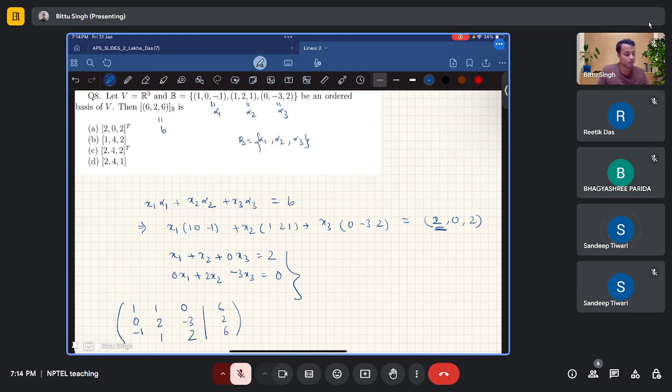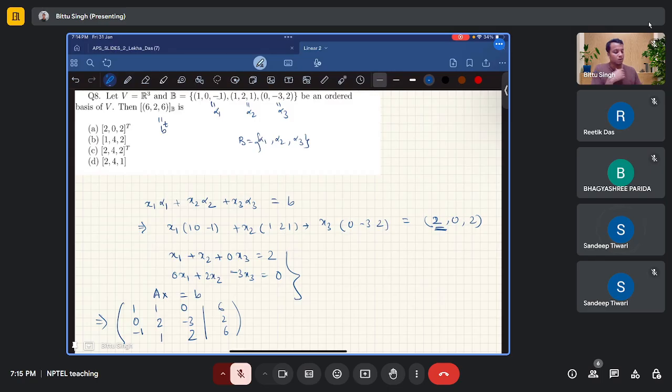So the question is equivalent to solving the system A times x equal to this b, maybe with B transpose in this case. So we need to solve this.